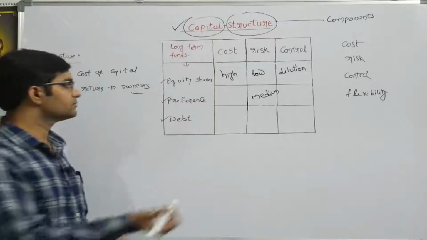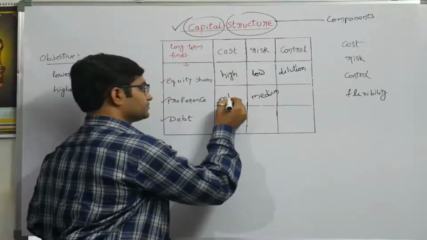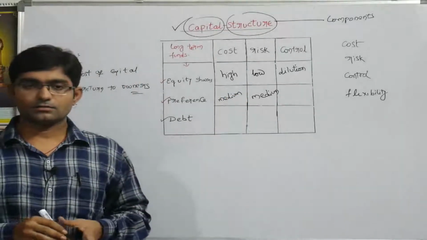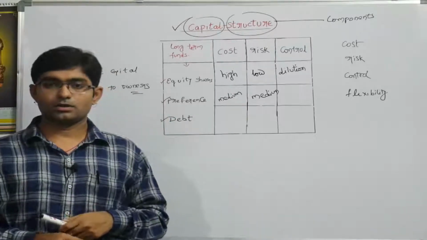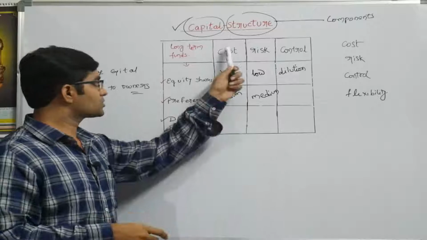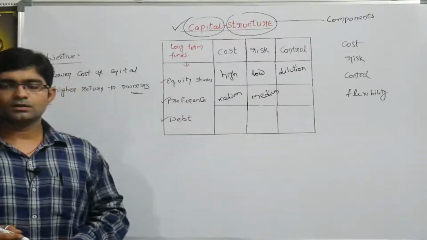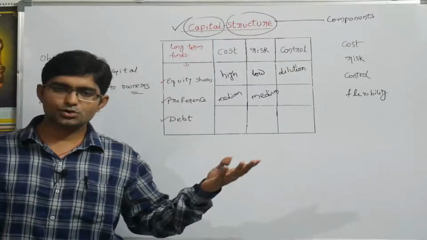So, here the cost is also medium. Return, I said, that is from the preference shareholders' point of view, but their return is a cost to the company. Next one is control. By issuing further preference shares, there is no dilution of control.